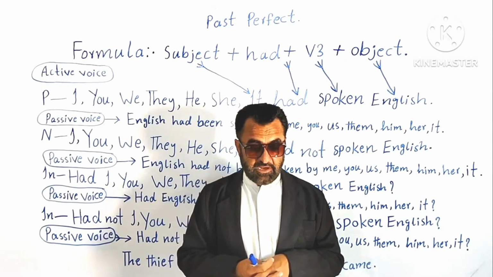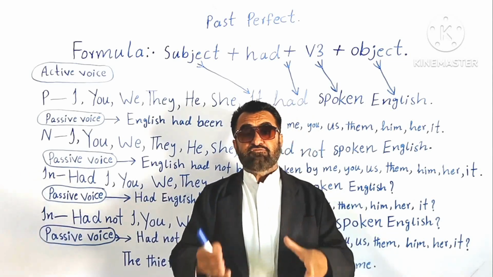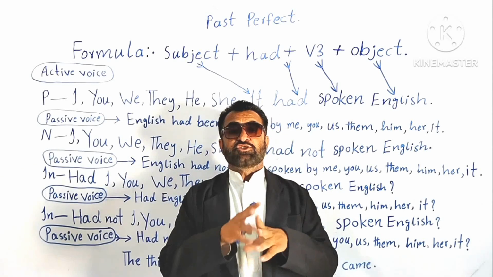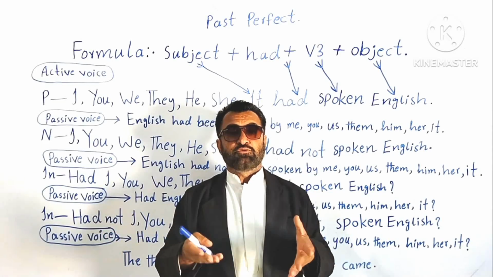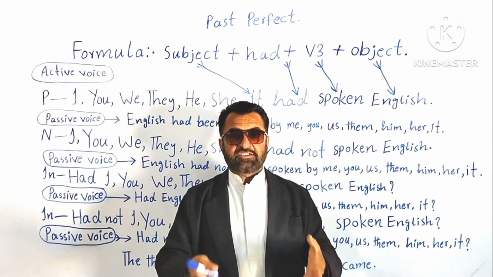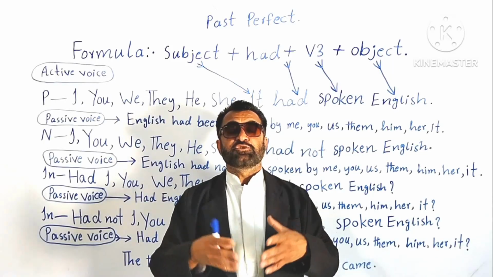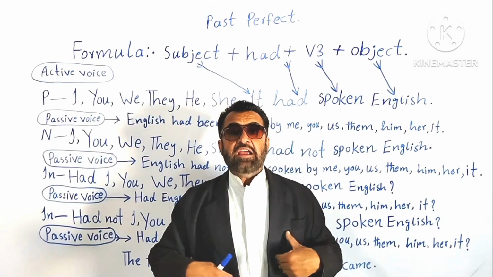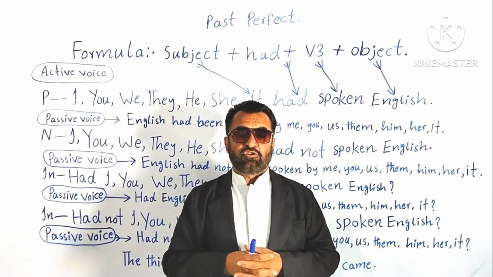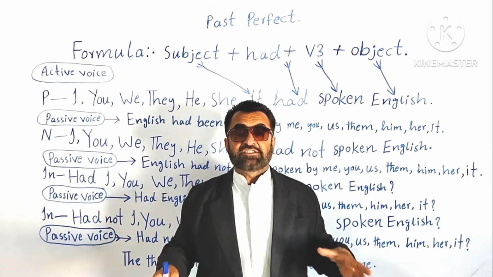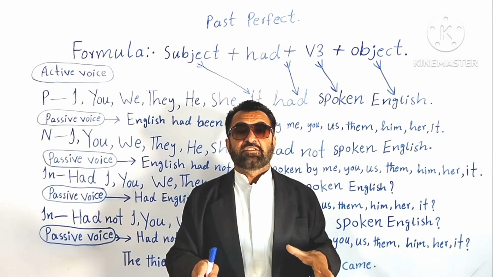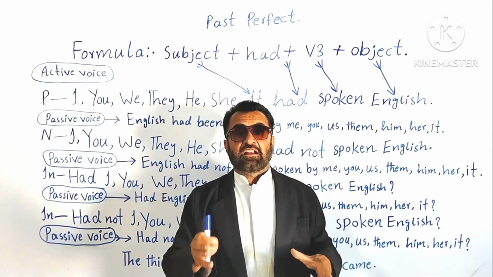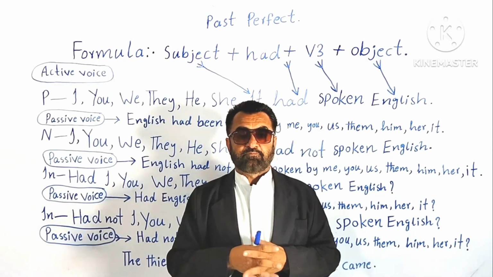Now let's know a little bit about active voice and passive voice. Active voice is a sentence that is usually spoken by me, you. For example, I teach you. This is active voice. So these sentences are called active voice. Common sentences of English are called active voice sentences.